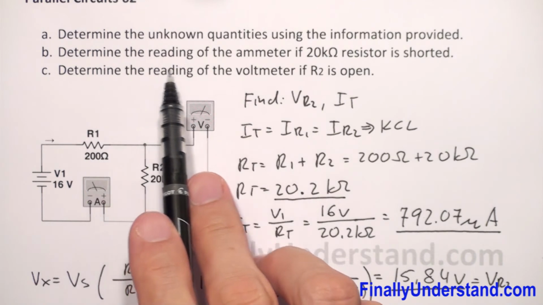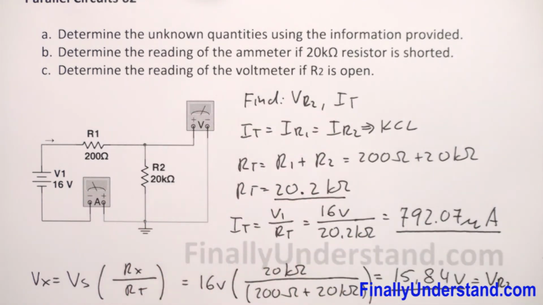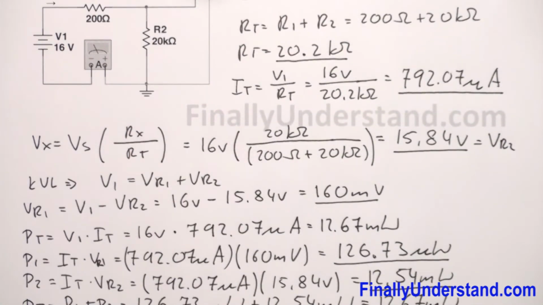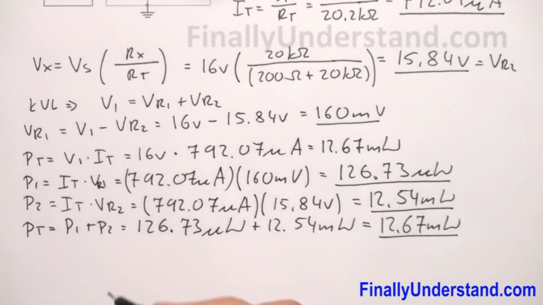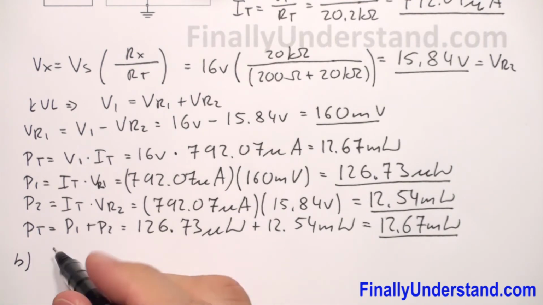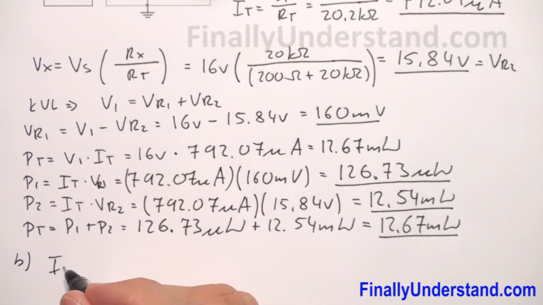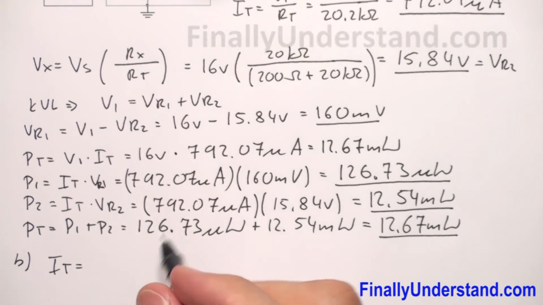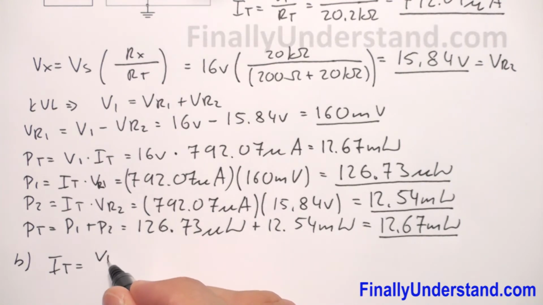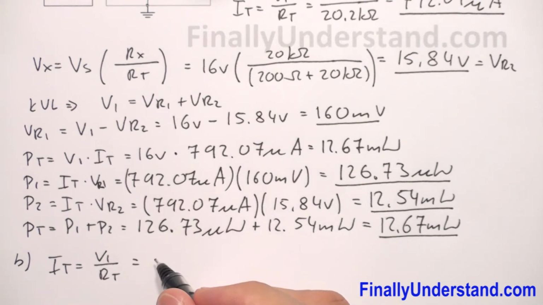So we have to determine the reading of the amp meter if the 20 kilo ohm resistance is shorted. This is my part B. So my I total is equal to V1 over R total. V1 is equal to 16 volts over R total 200 ohms.